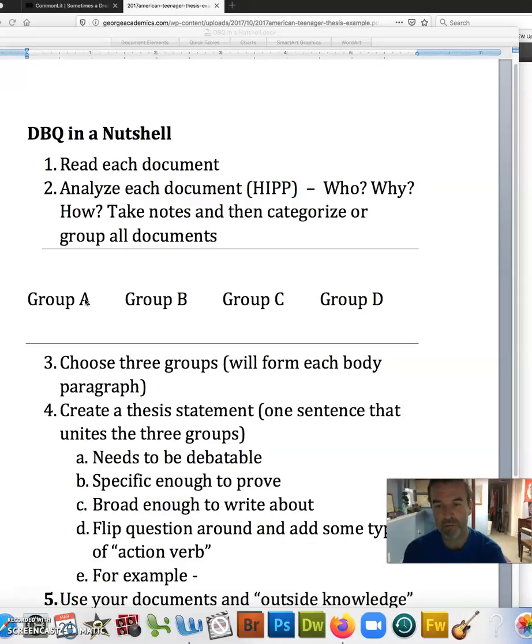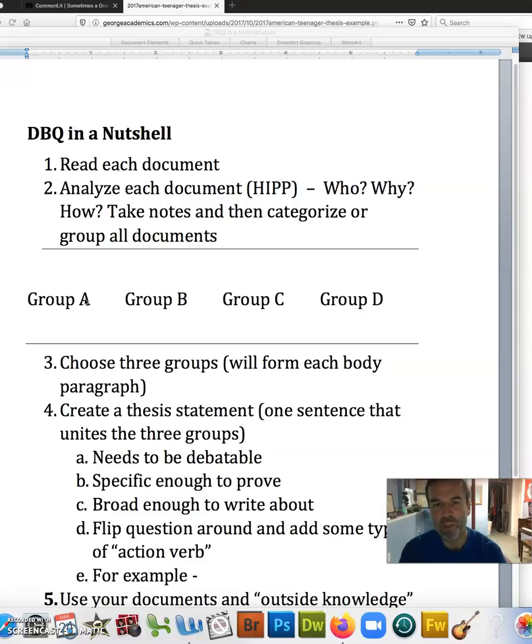For example, instead of social, political, economic, which tends to be an easy way to categorize them into 3 groups, you may need to look at different categories. As far as social, maybe it's social classes, or entertainment, or religion.